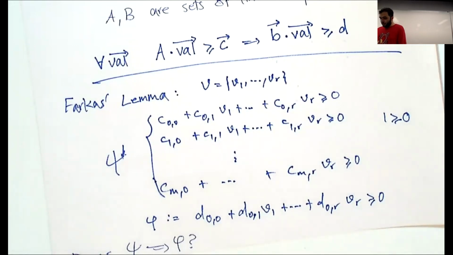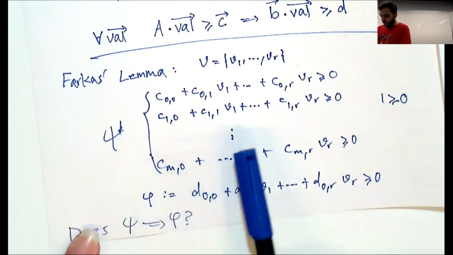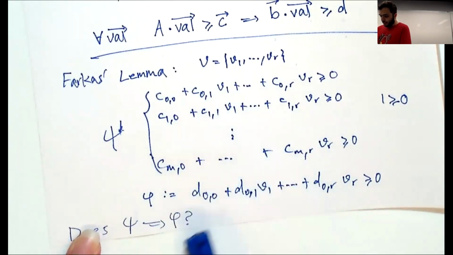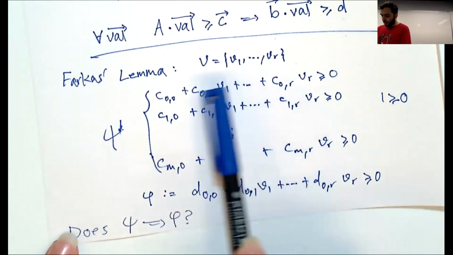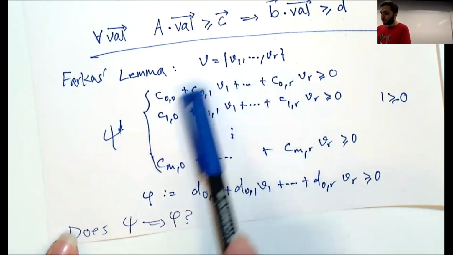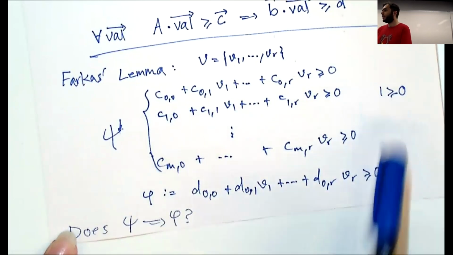Okay, so everything that I obtain using this method is definitely non-negative. But what Farkas lemma says is that the other side holds as well. So if these inequalities entail this one, then the entailed inequality phi should definitely be writable as a non-negative combination of the original inequalities and also of 1 greater than 0.